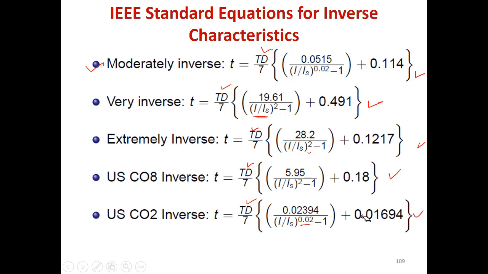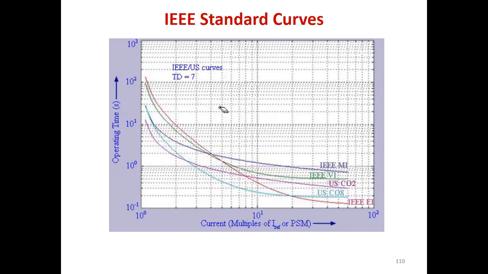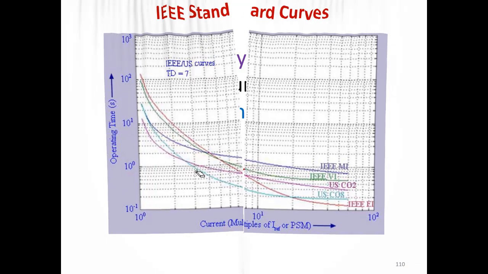The manufacturers follow these standards, and the relay users follow these standards. These are the curves for the IEEE standard, the different standard characteristics, right? They are very useful in protection system design.